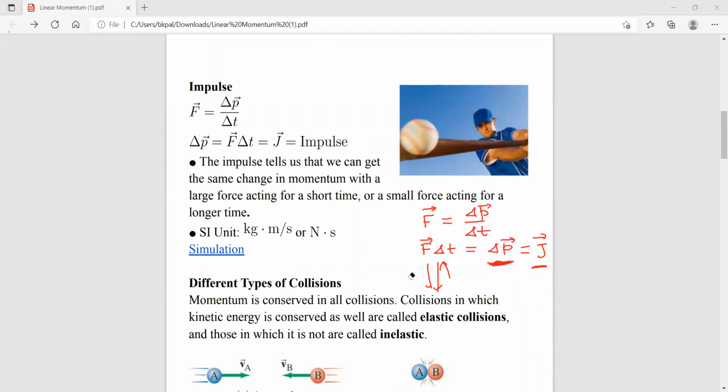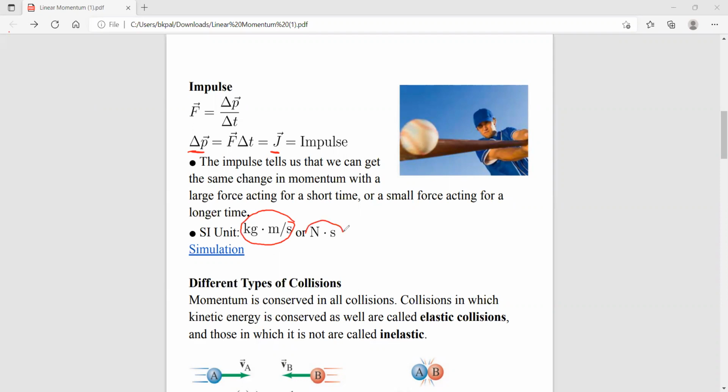Impulse is a vector quantity, and what is the standard international unit for impulse? It's basically the same as momentum, because impulse is equal to the change in momentum. So one unit we use is the same unit as momentum, and another unit is Newton second.